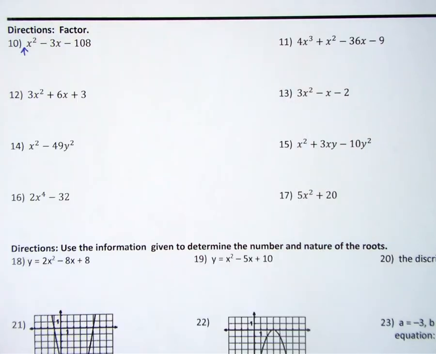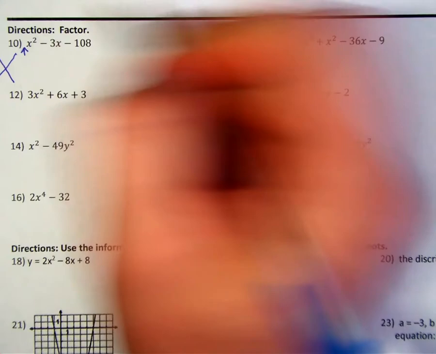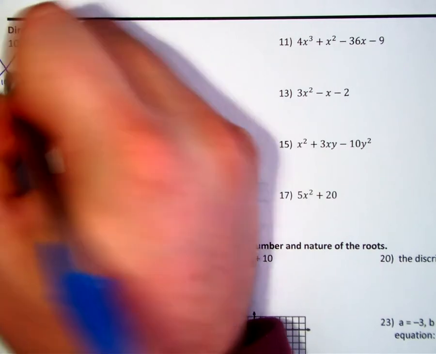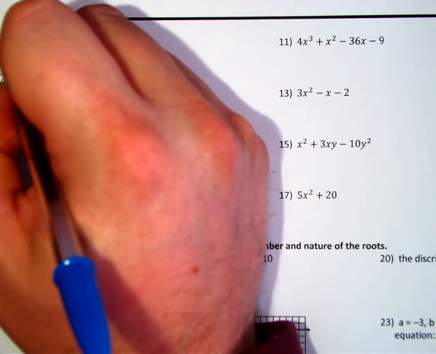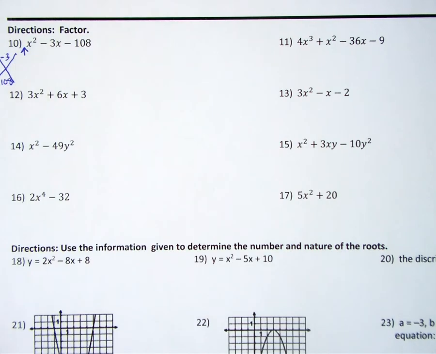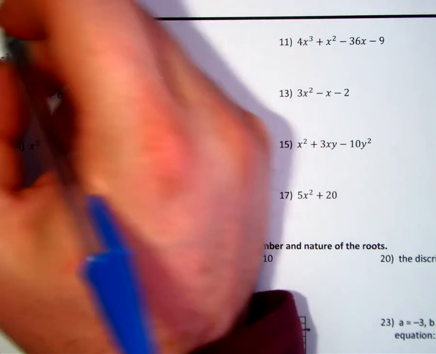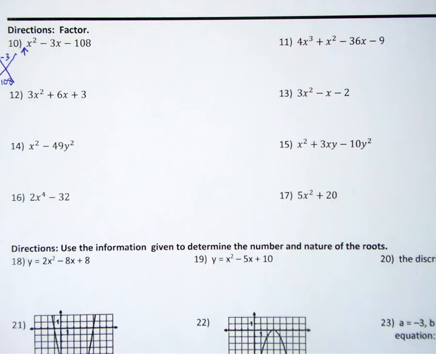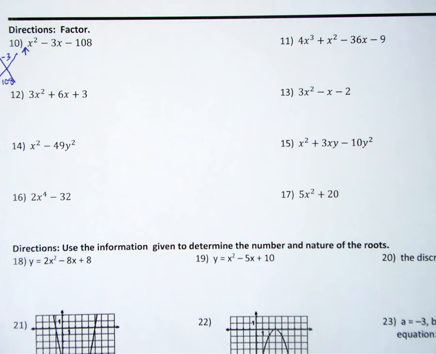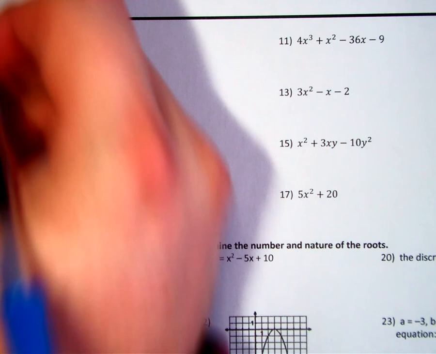Looks like we have a quadratic with a leading term of +1, so the X games would be a great method here. -108 in the bottom of the X, -3 in the top of the X. Looks like 12 and 9 give me 108.